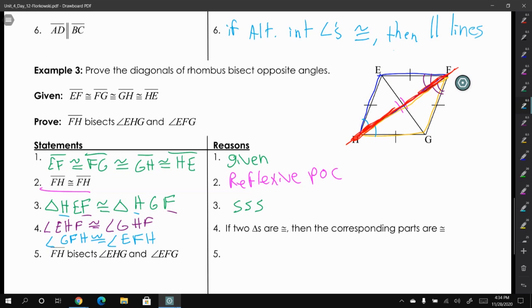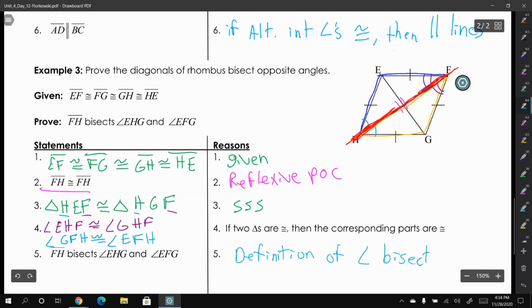And it does the same thing up here at letter F, where you have the whole angle at F, EFG, and that red line cuts that into two congruent parts. So the reason why we can say that FH bisects both those angles is the definition of angle bisector.